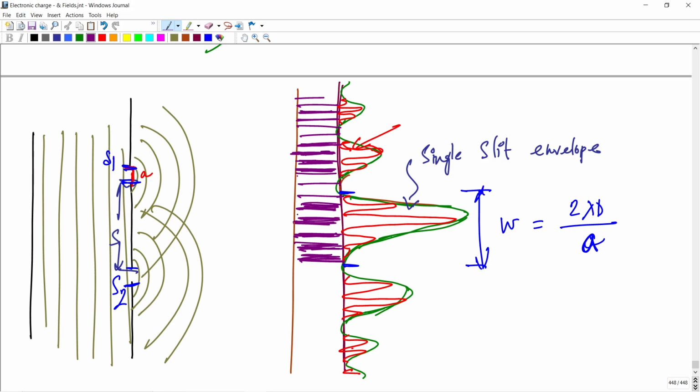The width of these fringes, W, is equal to lambda D by S, where S is the gap between the two slits.